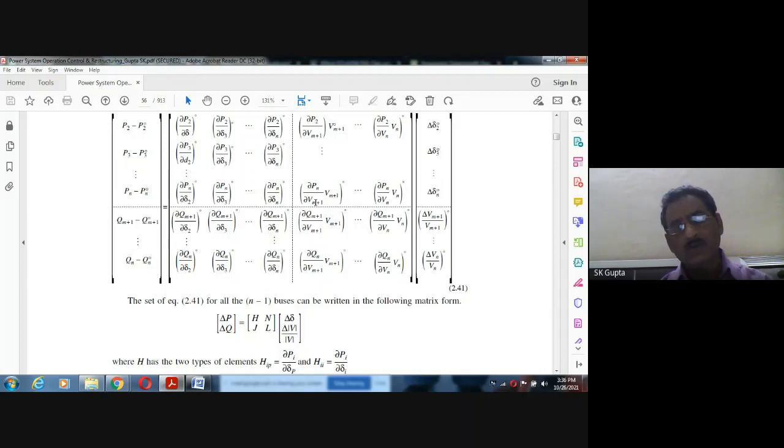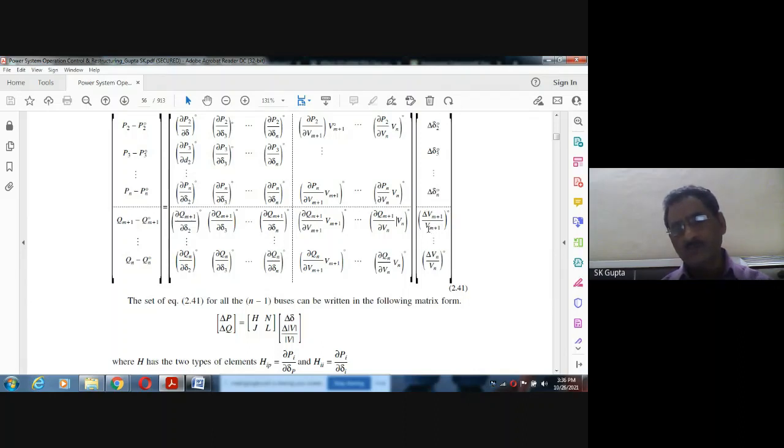On the right hand side it is the same, the only thing is here it was del P2 by del voltage m plus 1. Now since voltage is in per unit, getting a change in voltage with respect to per unit seems to be a better option to calculate. That's why we divided it by the per unit value.